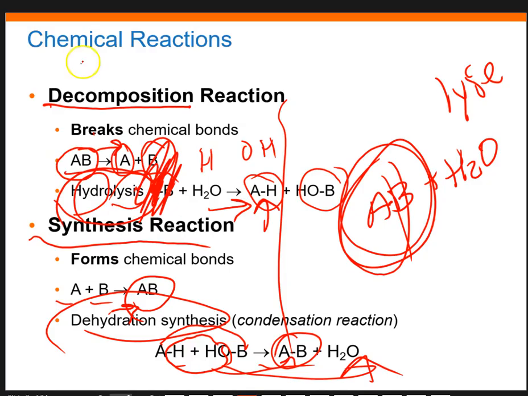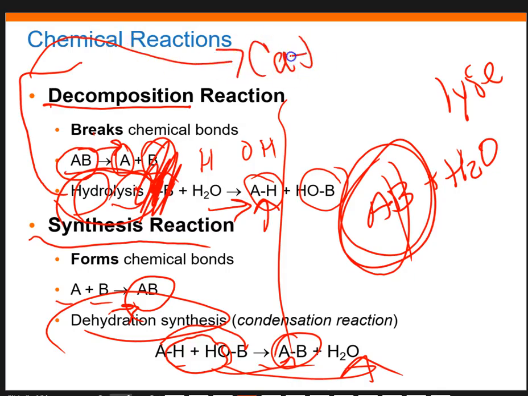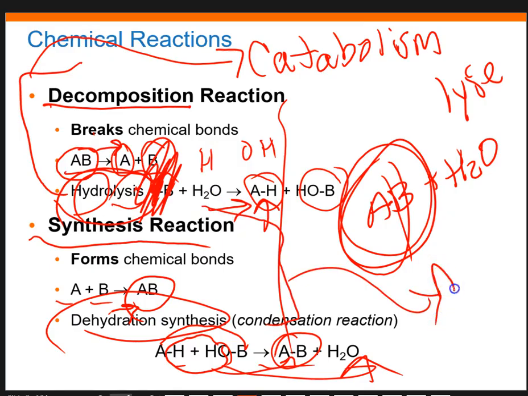So these chemical reactions here, decomposition reactions, like hydrolysis reactions, those reactions are included in the body's catabolism, right? Reactions that break things down. Synthesis reactions, like dehydration synthesis, those are included in the body's anabolism, right? Remember, anabolism are the reactions where we build things up. Then if you put all this together, right, any of these reactions together, we get metabolism.